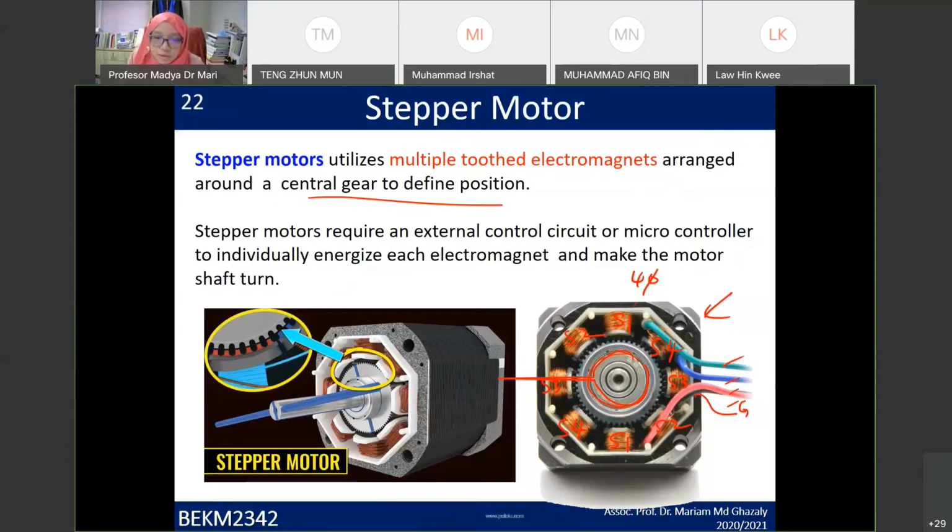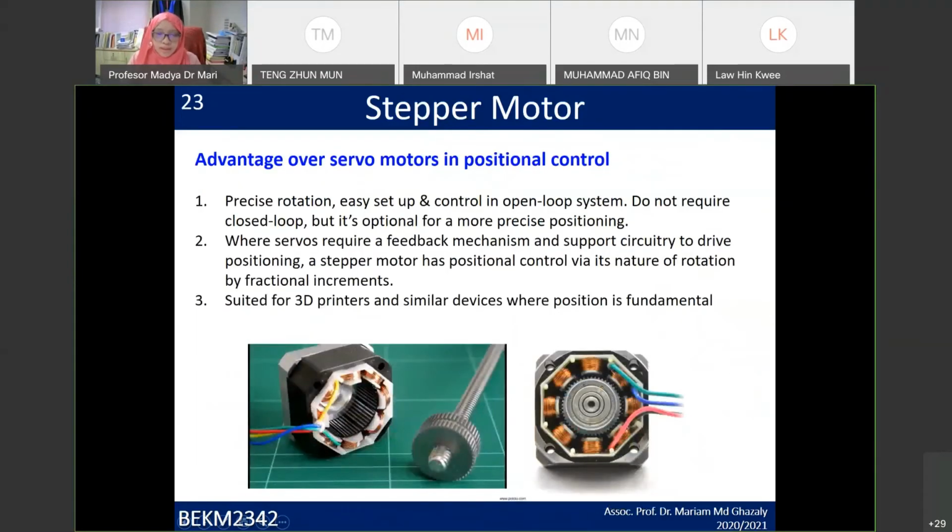For the rotor, you can see that for each stator we have teeth over here. Very small teeth at the stator. Because of these teeth, you can control the stepper motor to a precise position. So let's look at how it's going to do it. The advantage is that you can have precise position, and it is easy to set up.